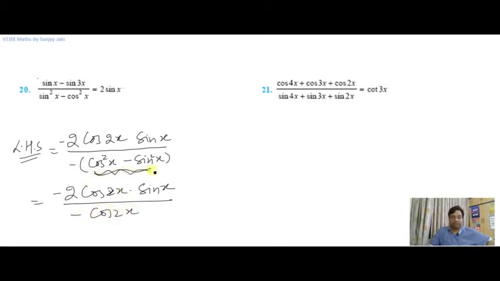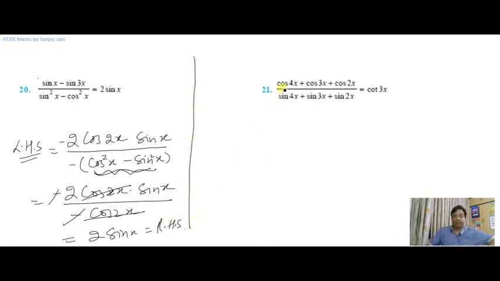Because this is the expression for cos 2x. I wanted you to learn the identities from left to right as well as from right to left, so that you can use them comfortably as per your will. So this is 2 sin x, which is my right hand side.